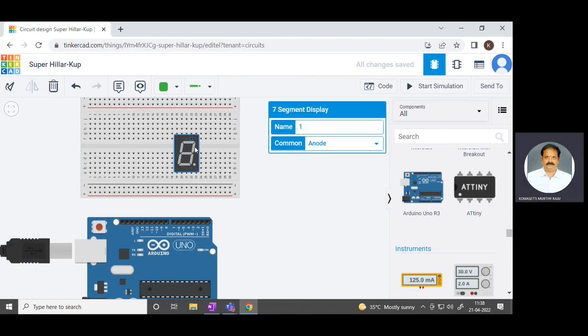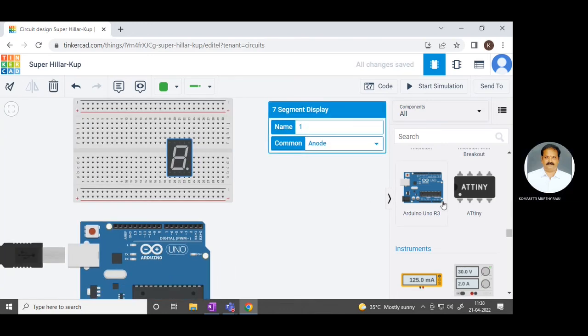These are the 8 pins: A, B, C, D, E, F, G, and DP, decimal point, and a common point is also there.